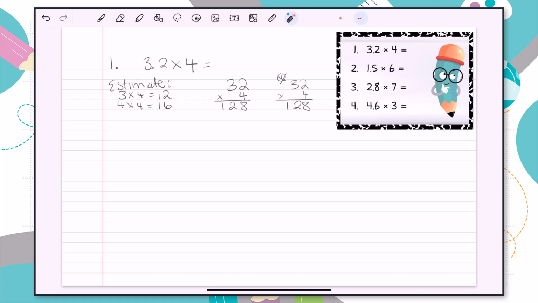If we put it between the 2 and the 8, that makes sense. If we put it between the 1 and the 2, or even in front of the 1, those numbers are both too small. So our decimal point goes in between the 12 and the 8. Our answer is 12 8/10, because our answer was supposed to be between 12 and 16.